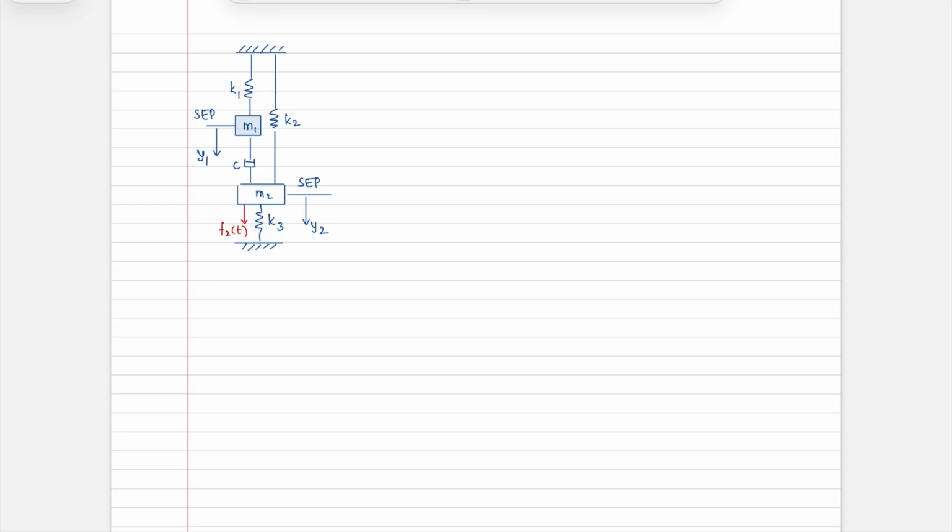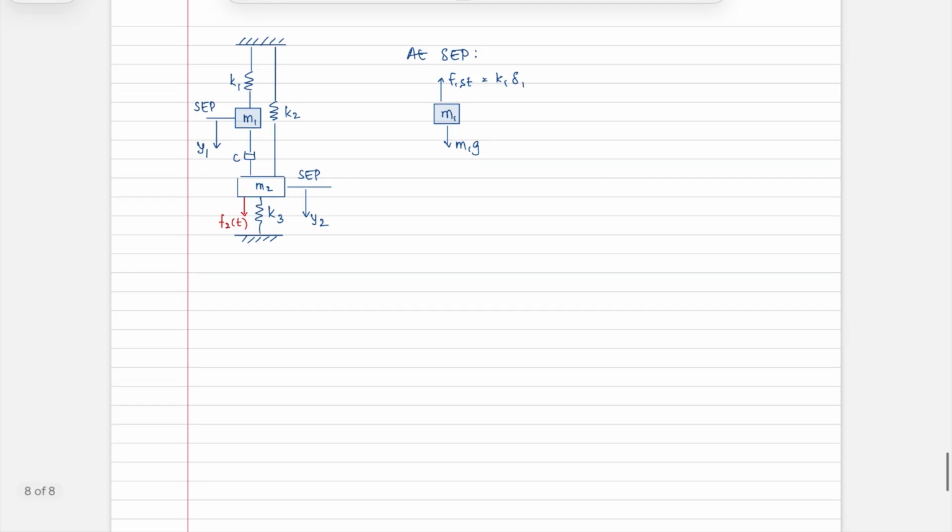Okay, so if we were to now sketch at SEP, you have this mass M1. It has a downward force of M1g, an upward force of, let's say, F1 static, which is equal to K1 delta 1. We don't have to account for this because at SEP there is no velocity, and so there's no damping forces involved.